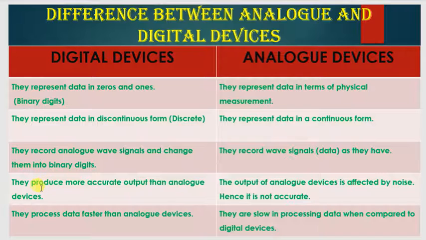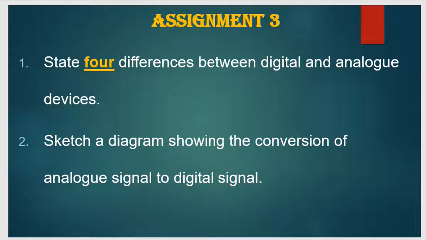With your third assignment, you have to give 4 differences between digital and analog devices. With the differences I gave, you write 4 of them. You create a nice table. Then at the left side, you can write digital devices or analog devices. Then on the other side, you write analog devices or digital devices.